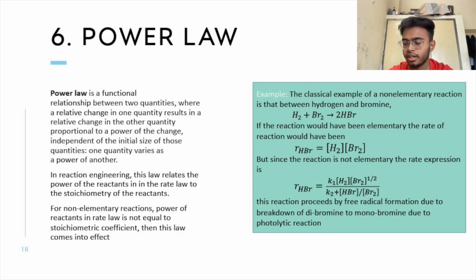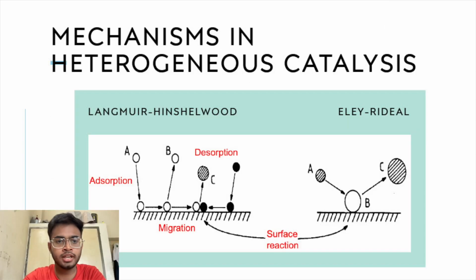And this is because the reaction is not elementary, since it proceeds by free radical formation due to the breakdown of dibromine to monobromine due to a photocatalytic reaction. Here our catalyst is the sunlight, or photocatalysis. Now let us study the different kinds of mechanisms involved in heterogeneous catalysis.